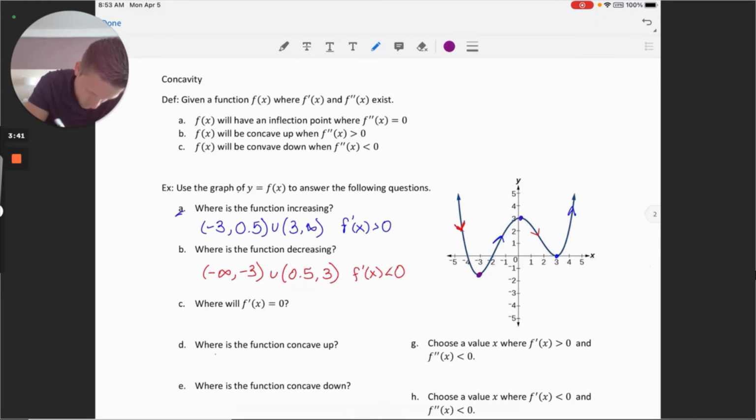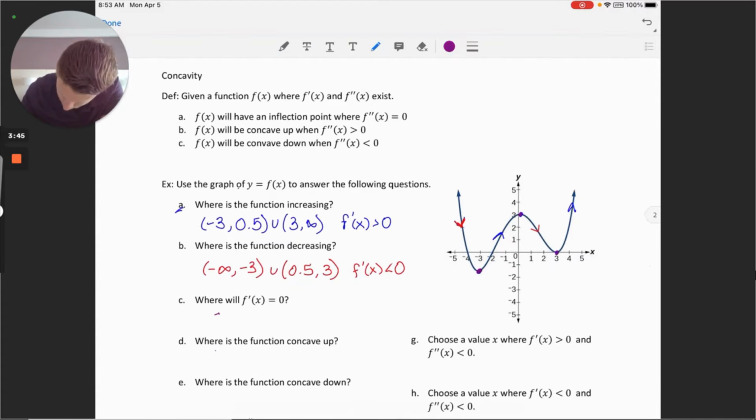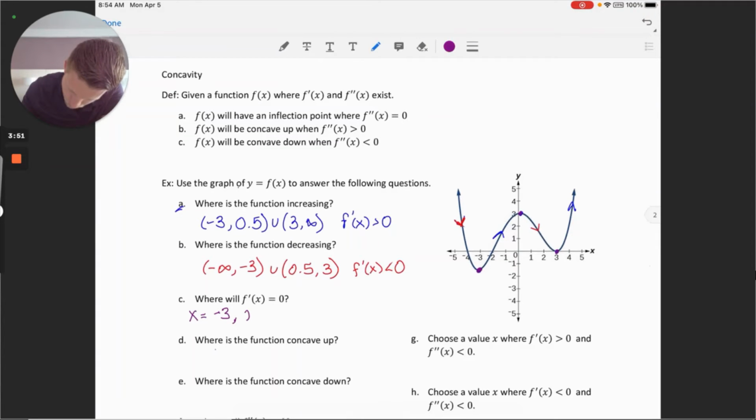And that would happen at 3 points. First at x is equal to -3, at x equals a half, and at x equals 3. Again, this is points where we have a 0 tangent slope.